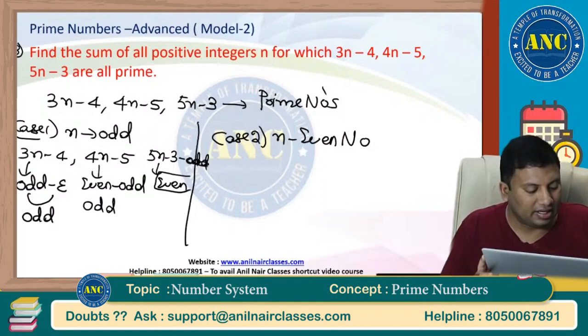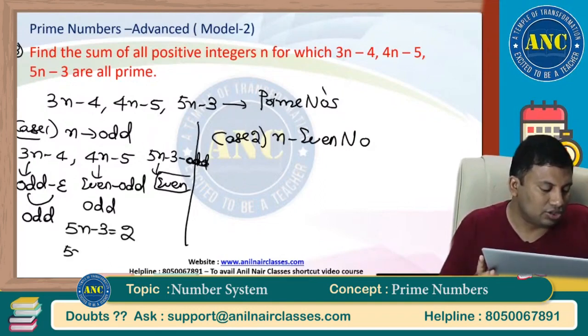I hope the idea is clear. So, what is the only even number? 5n minus 3, it is 2. 5n equals 5, n equals 1.